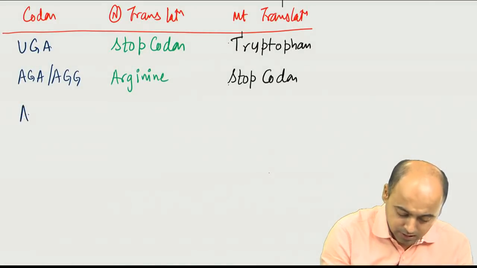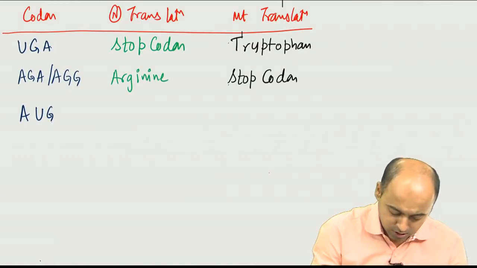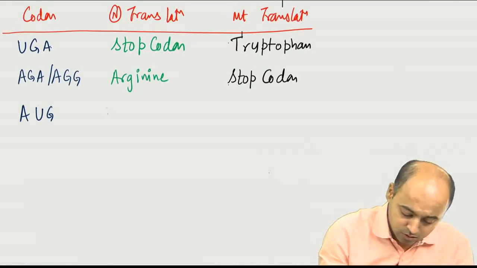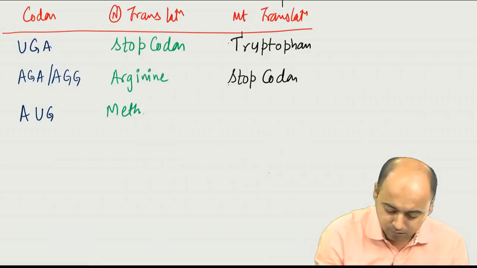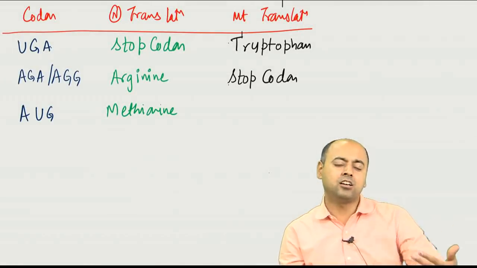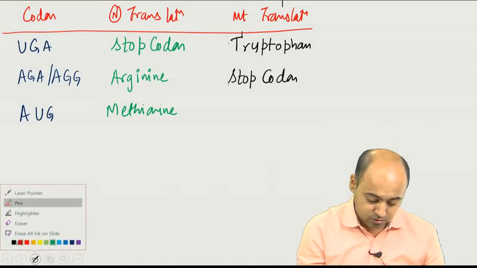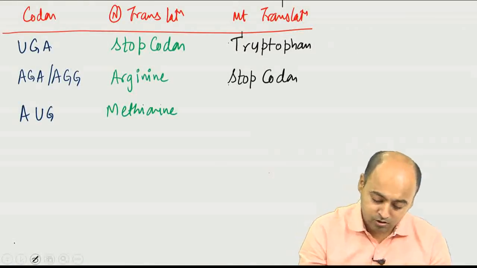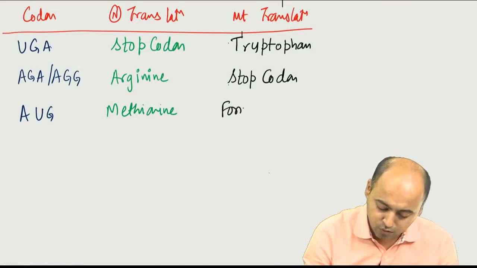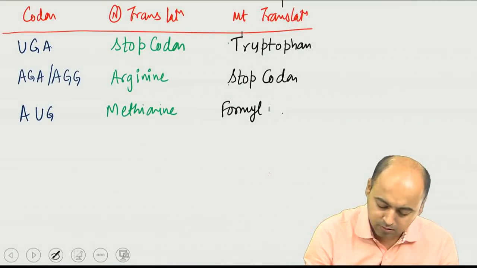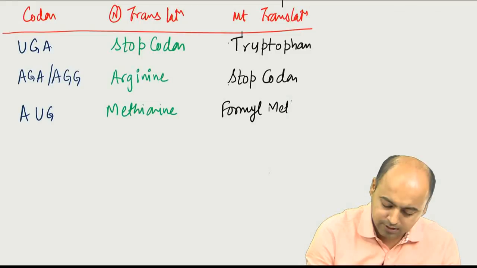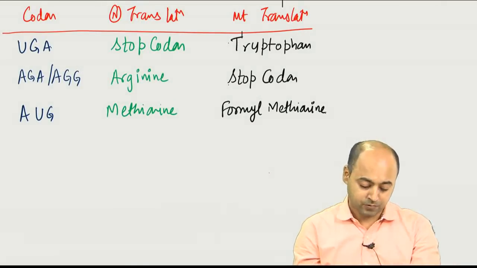Then we have the codon AUG. In eukaryotes, this is the only codon for methionine. So in eukaryotes, if you find methionine attached at any codon, it is going to be AUG. But in prokaryotes, the AUG gets translated to formyl methionine.